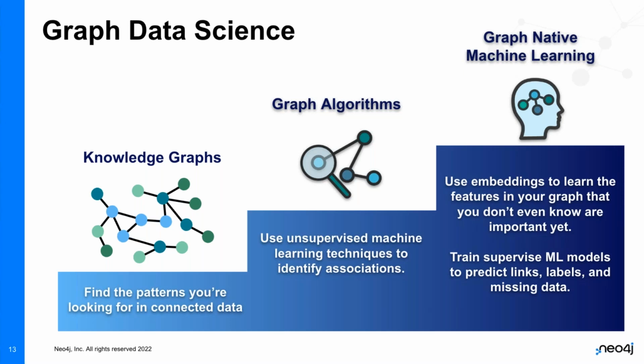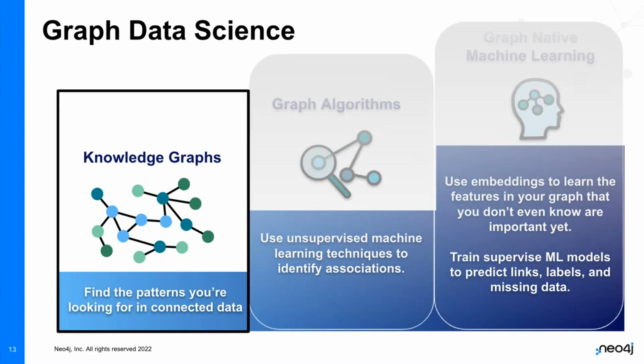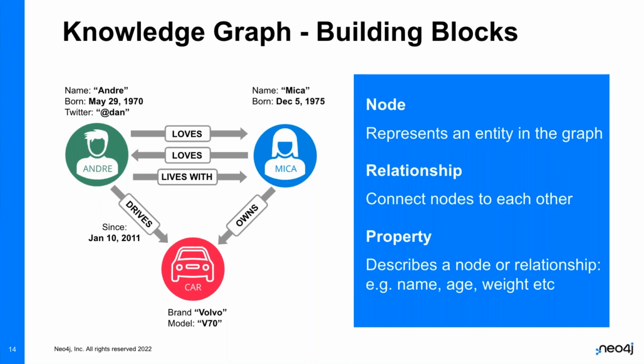The step one is to build the knowledge graph, the foundation, by bringing in the factual knowledge that you see. When I say factual knowledge, it is basically the data, and you bring it over to a graph and build the data structure. And how do you build the data structure? These are the building blocks of a knowledge graph. The nodes represent an entity in the graph which describes a certain aspect of your business.